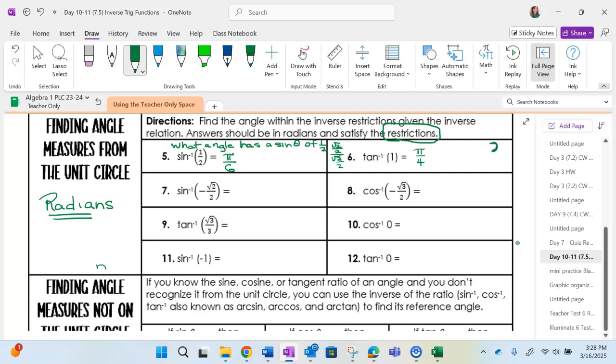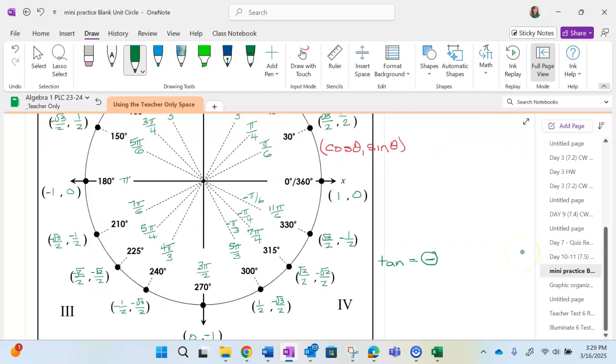Okay? Now, let's look at number 7. What angle, now remember, we're talking first or second quadrant, and we can include pi over 2 and negative pi over 2, has a sine of negative square root of 2 over 2. All right, let's go to our unit circle. And negative square root of 2 over 2 is here, but we're not going to call it 7 pi over 4.